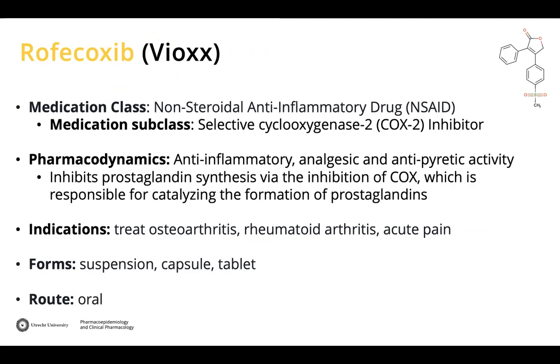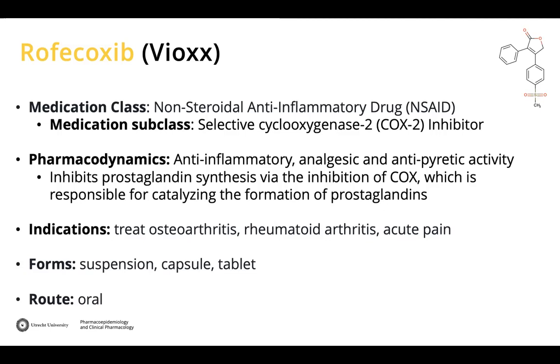So anti-inflammatory, analgesic means it's used to treat pain, and it's an antipyretic, meaning it's used to treat fevers. So its mechanism of action is that it inhibits prostaglandin synthesis, via the inhibition of COX-2, which is then responsible for catalyzing the formation of prostaglandins, and that's how it has its anti-inflammatory, analgesic, and antipyretic effects.